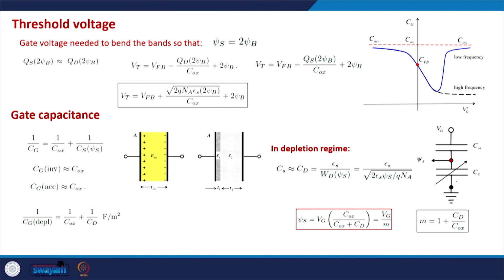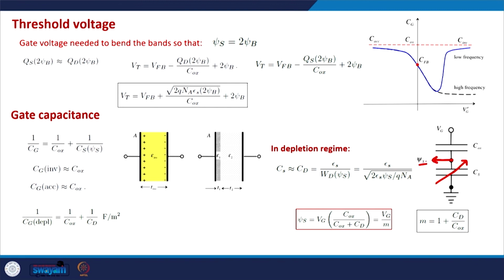This entire MOSFET can be summarized in this way: this is the gate terminal, then we have an oxide, this is the interface between the oxide and the semiconductor, and then we have the variable semiconductor capacitance, and the voltage at the semiconductor surface is psi s.